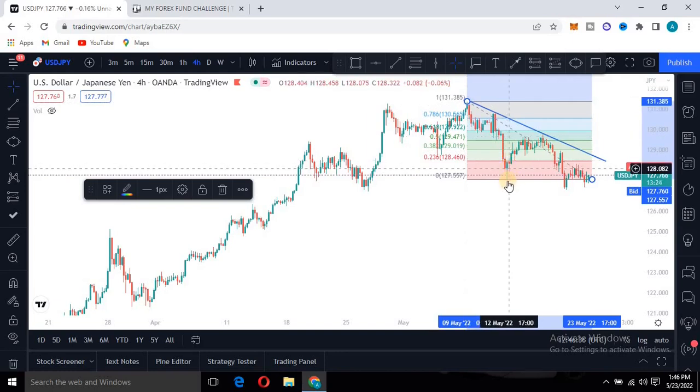When the market reaches this level, it starts to pull back, which means you have to wait for it at this level, the 0.5 or 0.6 level. As you can see, when the market reaches here, it is also in line with the trend line.